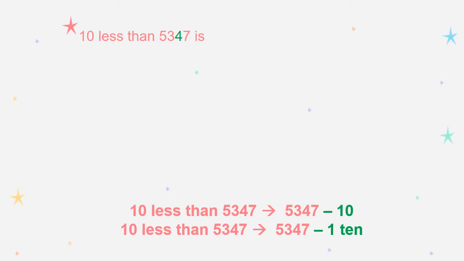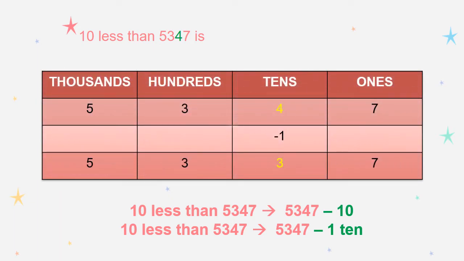So we only minus 1 at the tens place. Look at the table. I only minus 1 at the tens place because it is minus 10, right? 4 minus 1 becomes 3. Look at the yellow. Now the final answer is 5,337. We only minus 1 at the tens place.